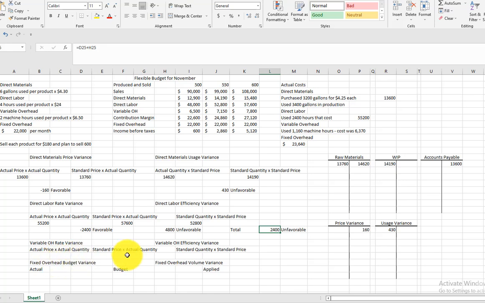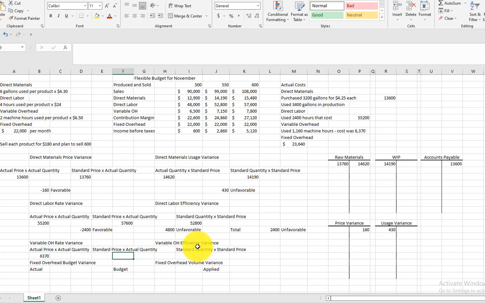So how would we do the variable overhead? Okay, so the actual price times the actual quantity would be $63.70, right? That is what it actually cost. And our standard price would be $6.50.